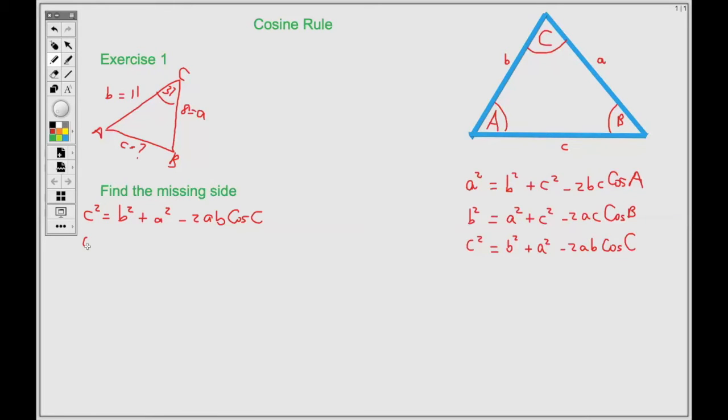Now replacing here, small c we don't know, but we know B is 11, so I have 11 squared. A is 8, so I have 8 squared. Then minus 2 times A, that's 8, times B, which is 11, times the angle, cos 37.